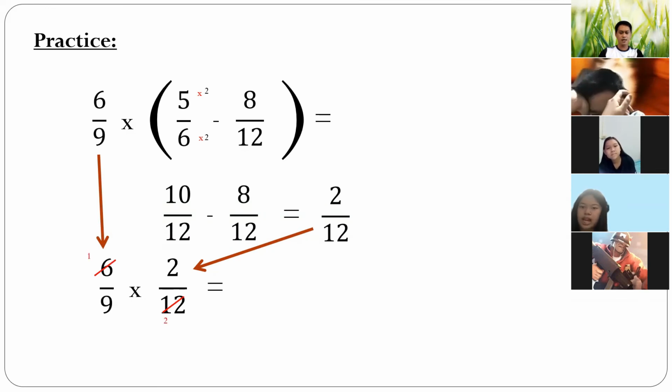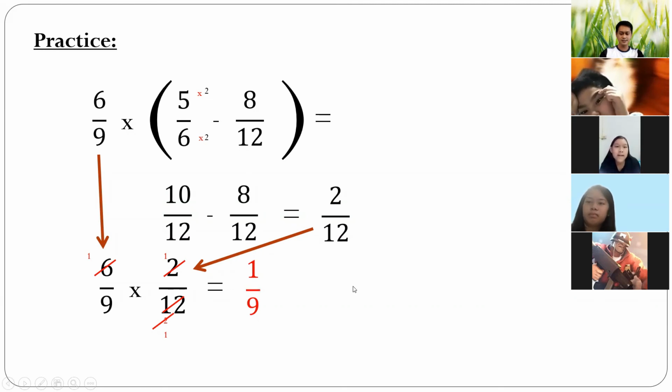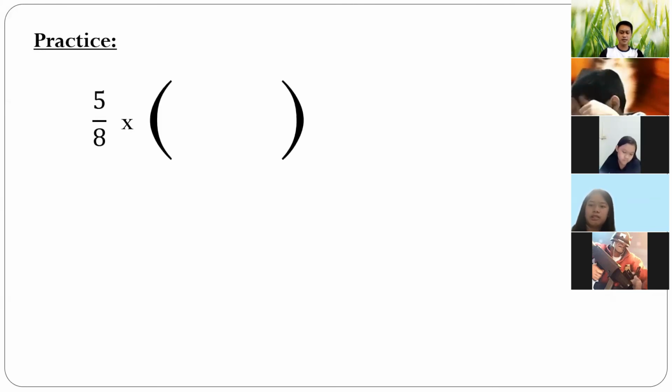We have 1 and 2. So we have 1 over 9. Next, 5 over 8 times, open and close parentheses, 4 over 5 minus 1 over 2.